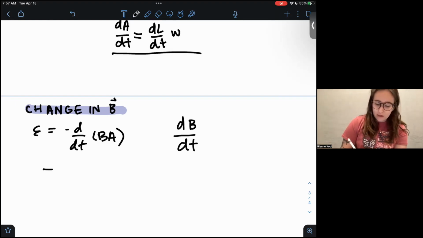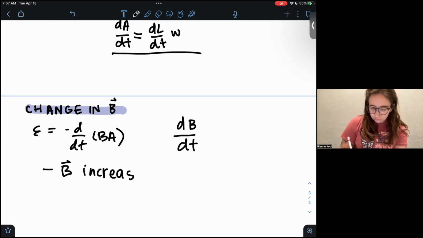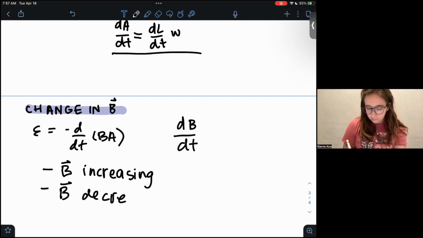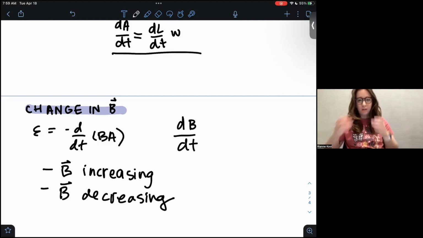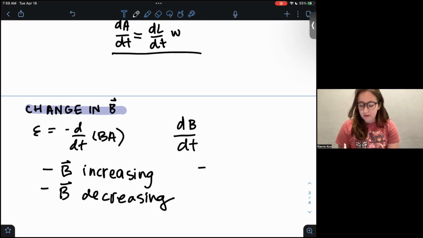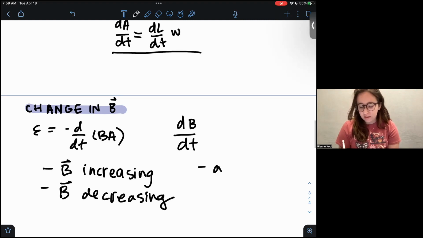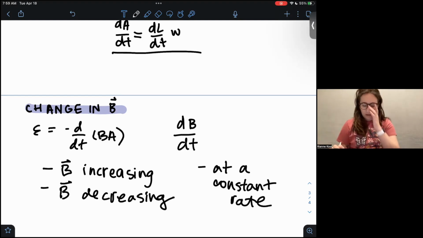We can say that the magnetic field is increasing, or we can say that the magnetic field is decreasing. Most of the time, when you see these problems, they'll say that it's increasing or decreasing at a constant rate, and this is kind of code for linearly.